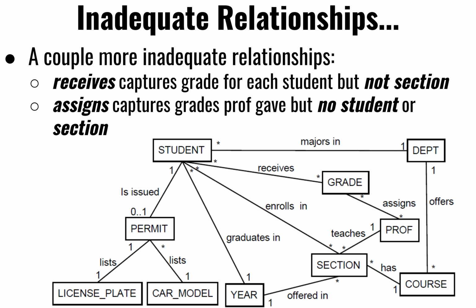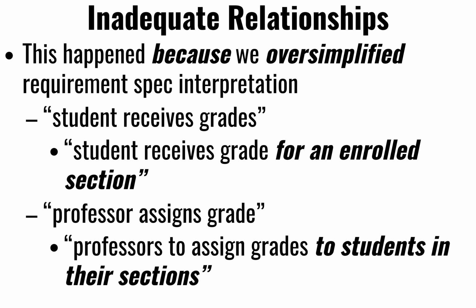Yes, right. But if we go back to the original sentence or the paragraph, we realize that it didn't say student receives grades. It actually said something like student receives grades for an enrolled section, right? So this is actually not a binary relationship between students and grades.